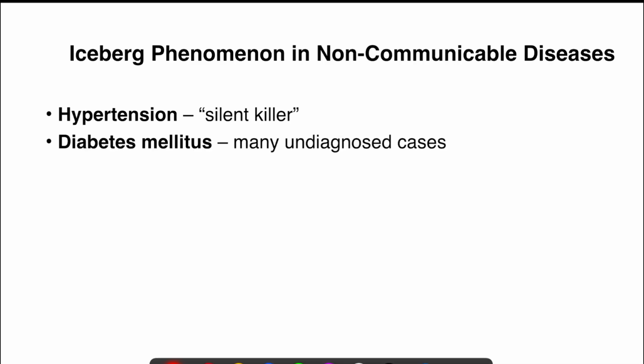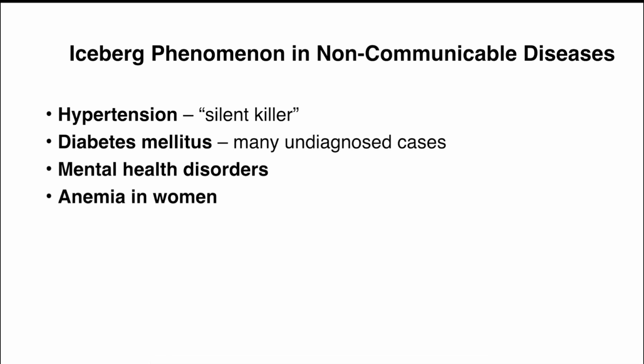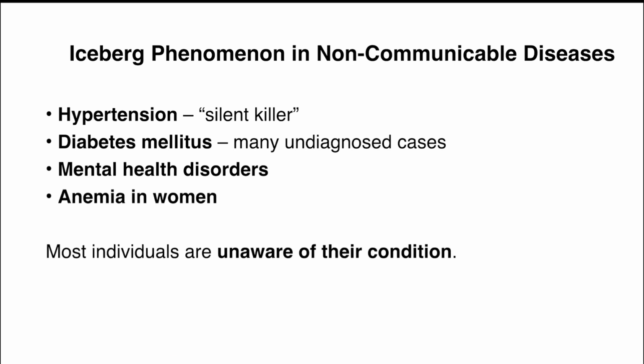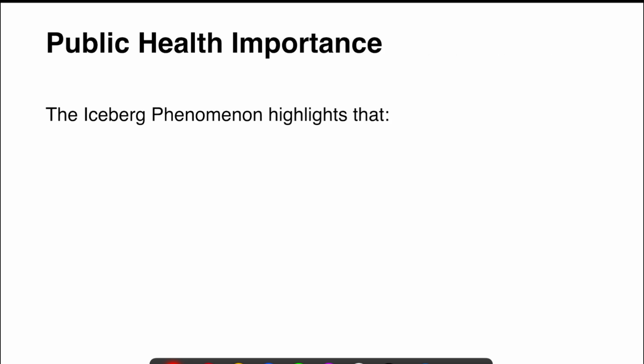In non-communicable diseases, like diabetes and hypertension, many undiagnosed cases occur because of lack of various signs and symptoms. Mental health disorders, anemia in women: in these cases, most of the individuals are unaware of their condition.